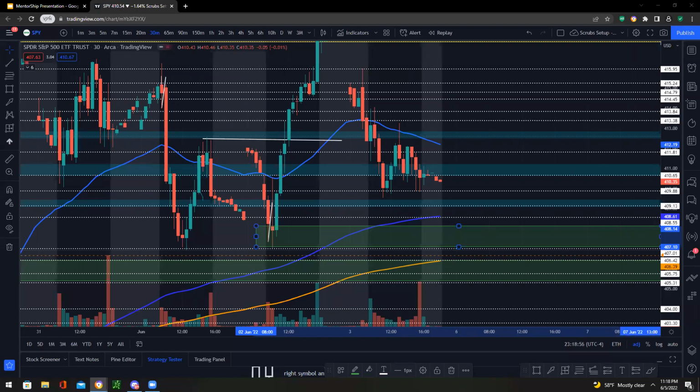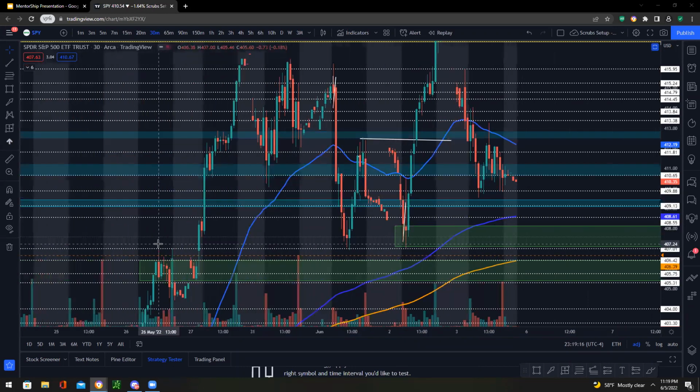But anyway, what we want to see if we want to be bullish is 409 holding. Worst case scenario, we want 407 to hold. So if 409 does not hold, you can look to buy puts, and our target will be around 407.